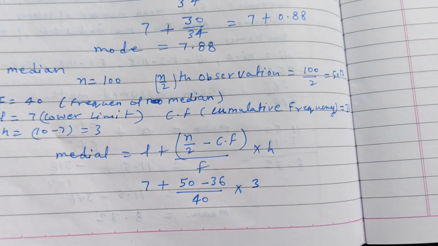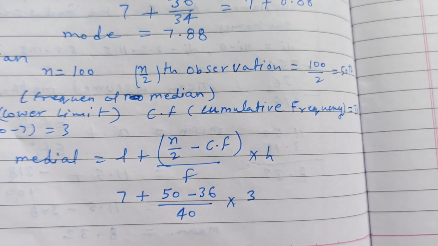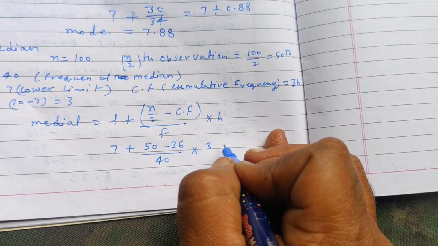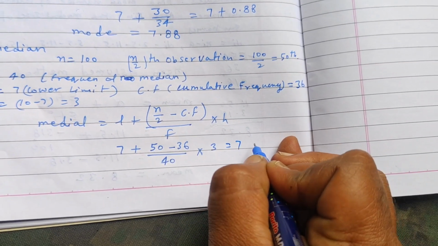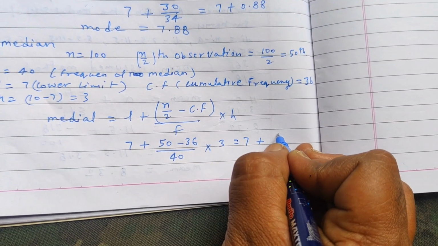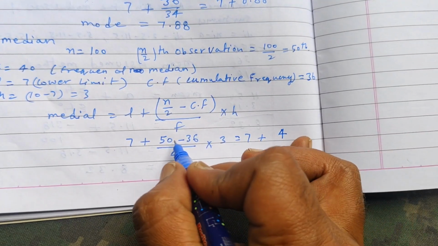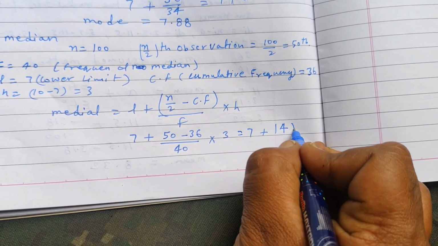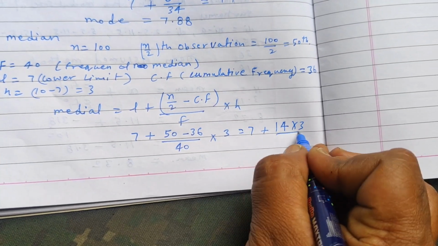So 50 minus 36 is 14, and 14 into 3 upon 40.